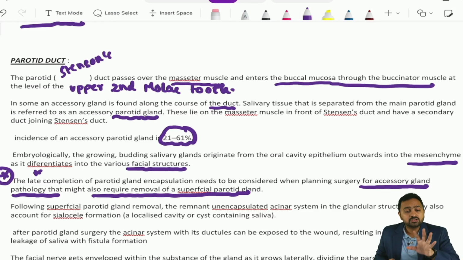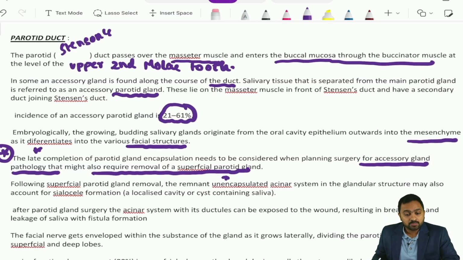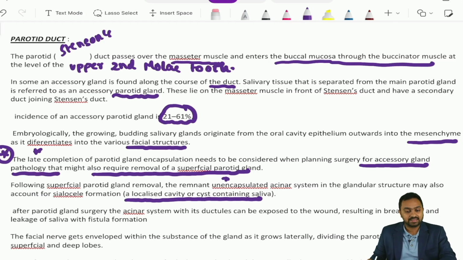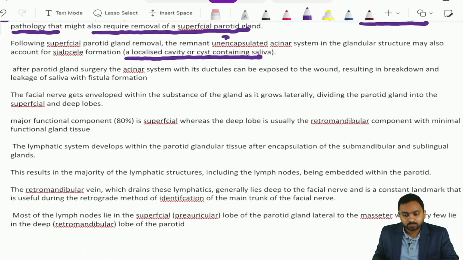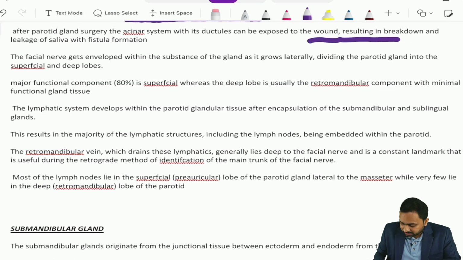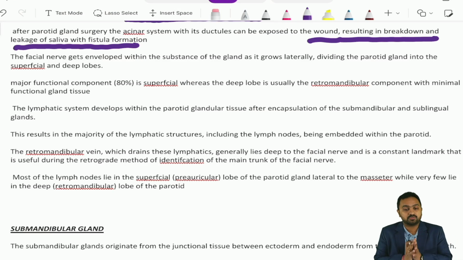Following superficial parotidectomy, the remnant encapsulated acinar system in the glandular structure may also account for sialocele formation, which is a localized cavity or cyst containing saliva. After parotid gland surgery, the acinar system with the ductules can be exposed to the wound, resulting in breakdown and leakage of saliva with fistula formation.